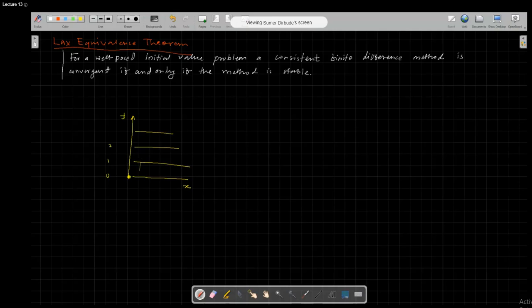This is delta t. What scheme should I use for del u del t? Is it forward difference, backward difference, or central difference? Which one should it be?